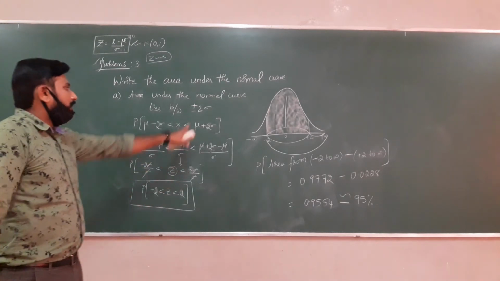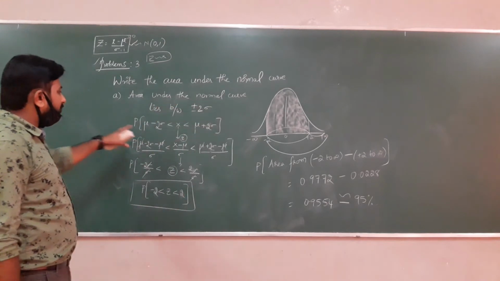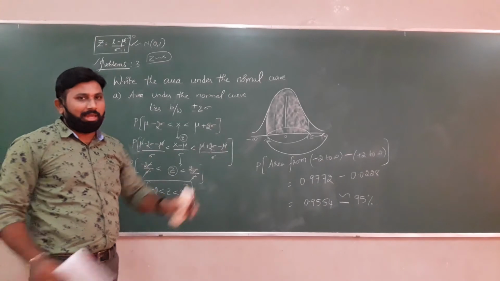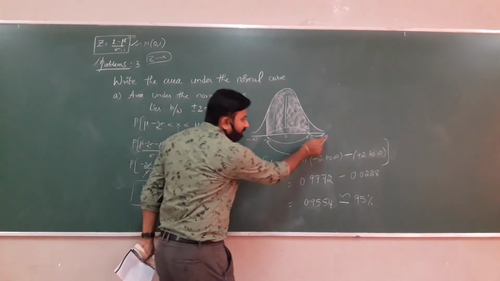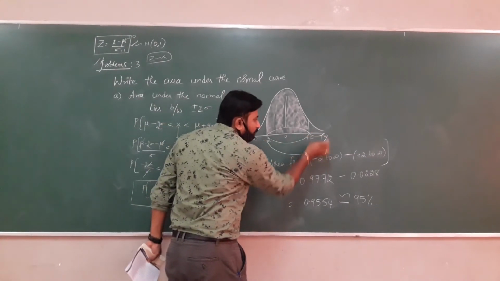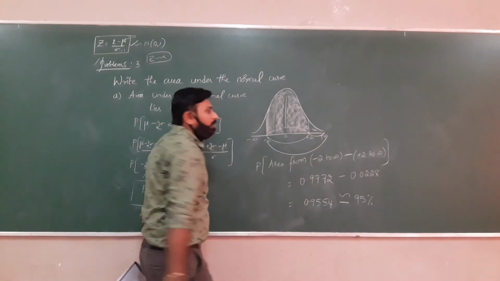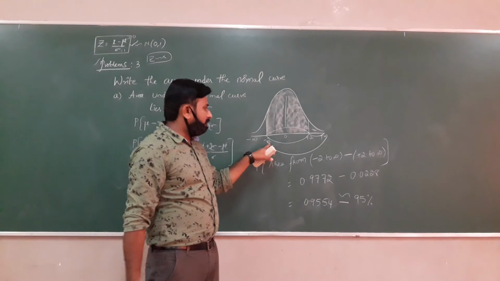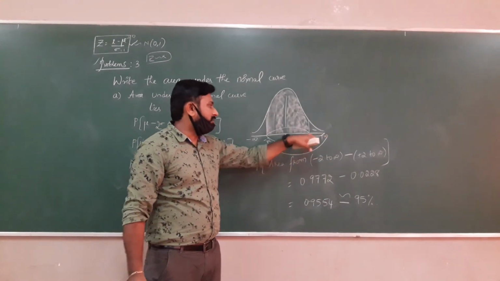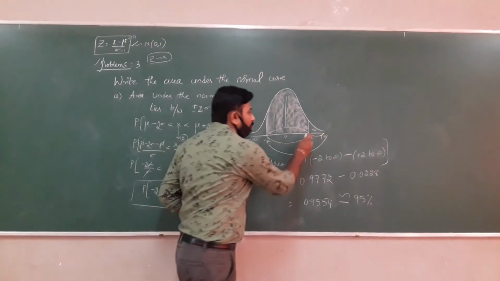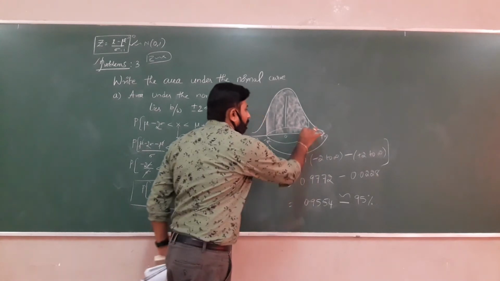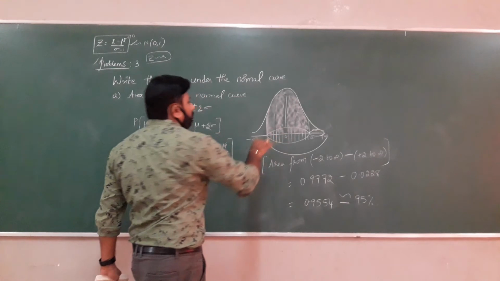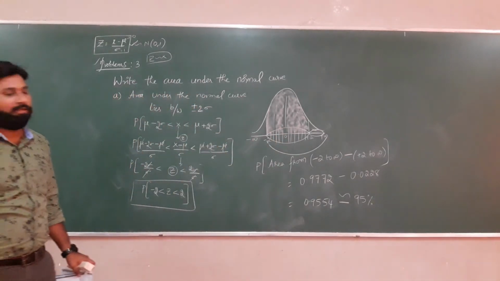Same concept. In place of 1, everywhere I have converted to 2. Now minus 2 to plus 2 area we have to calculate. So from minus 2 to infinity, remove plus 2 to infinity. This blank area should be removed towards infinity side. If you remove this area, you will be getting that shaded area.